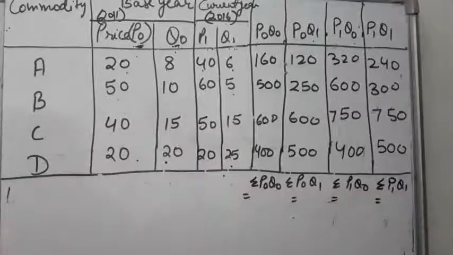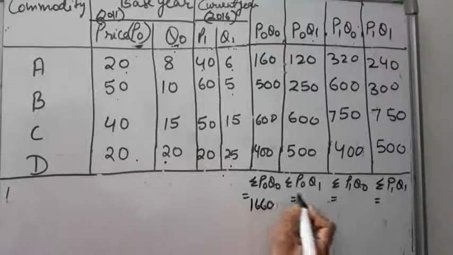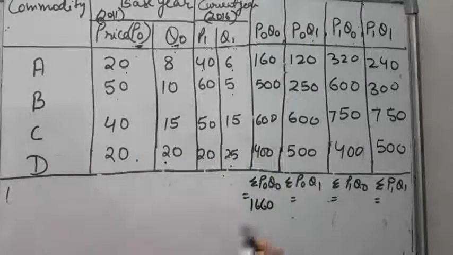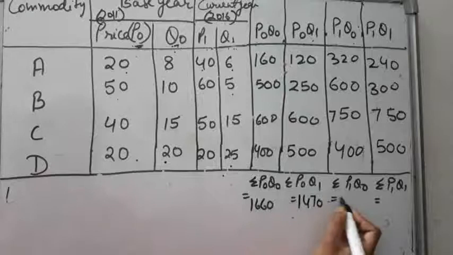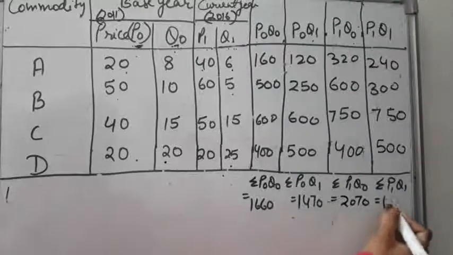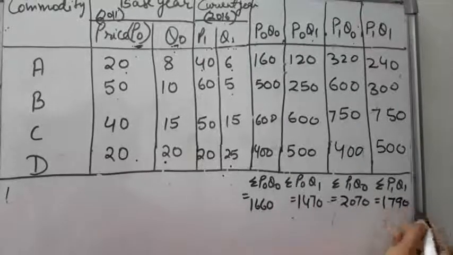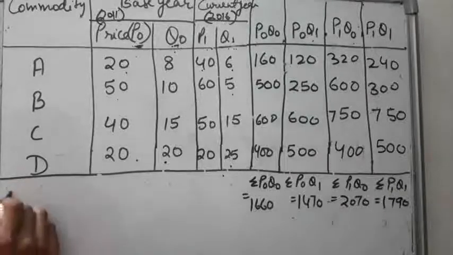So summation of P0 Q0 we will get 1660. Summation of P0 Q1 is 1470. Summation of P1 Q0 is 2070 and summation of P1 Q1 is 1790. Now we have all the values. We will put them in the different formulas and find out the index number.